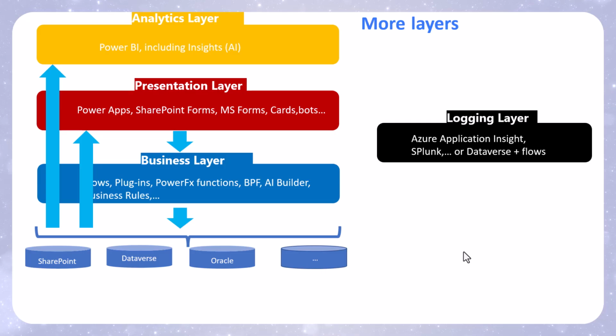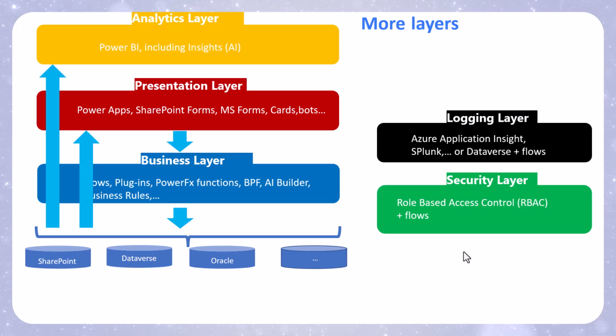You might need a logging layer. A logging layer is where you keep a trace of all the activities of the end user, and you can implement that with different tools like Azure Application Insights, a third-party tool like Splunk, or a bunch of flows storing information in Dataverse. Then we have the security layer that I will discuss later.